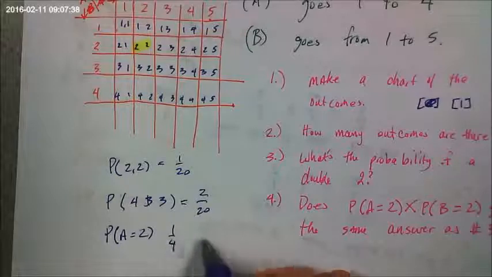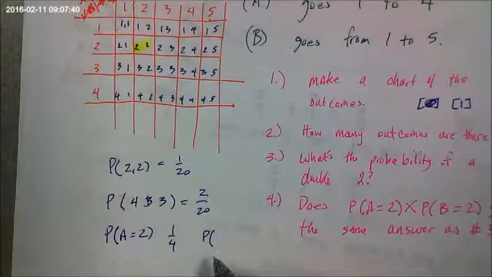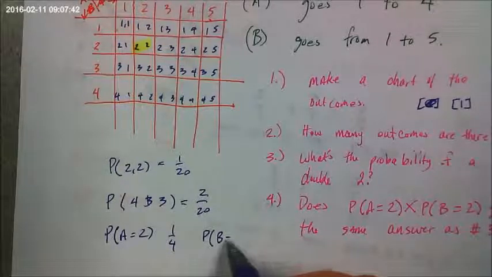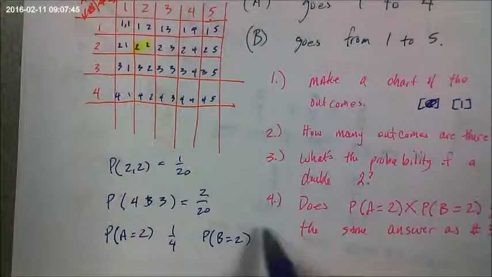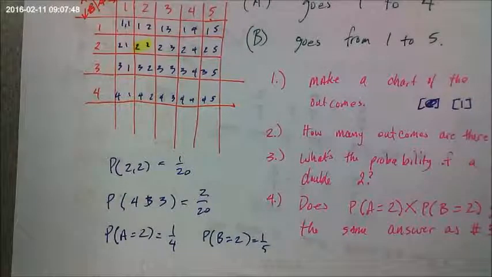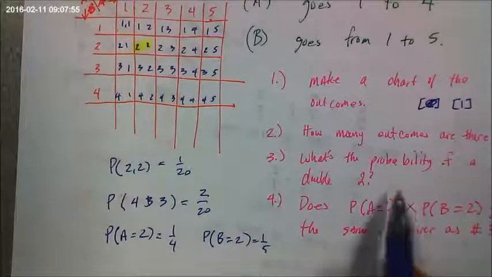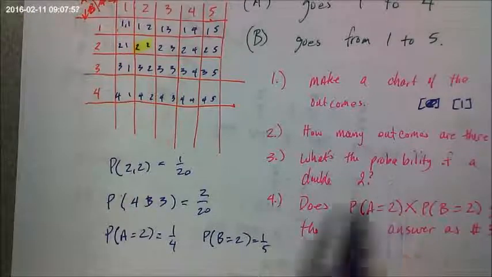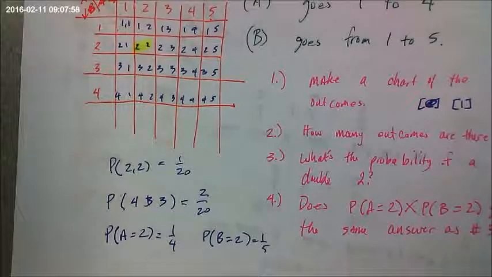Okay, what's the probability that spinner B equals 2? 1/5. If you take the product, does it equal the answer for number 3? What's the answer for number 3? 1/20th. So the answer is yes, it does, right?